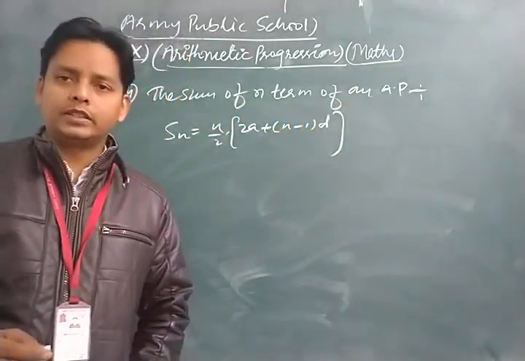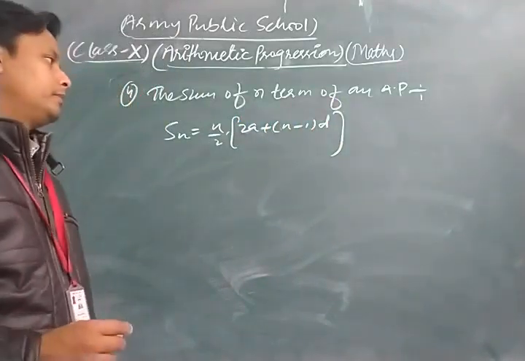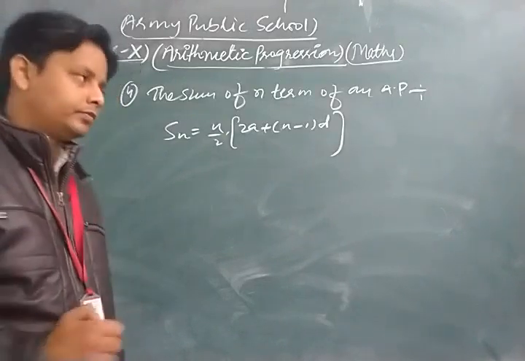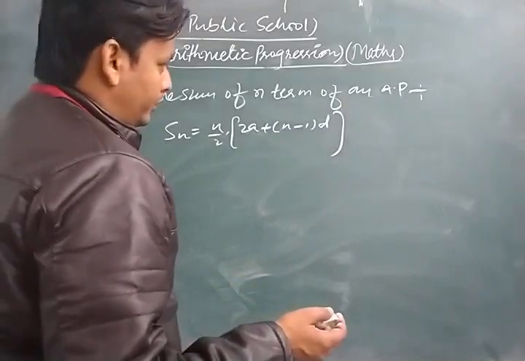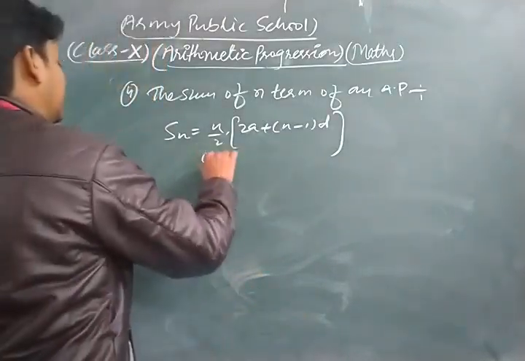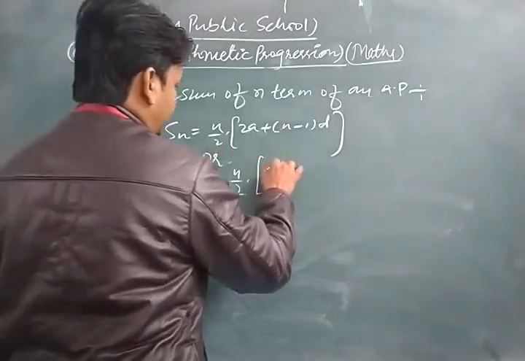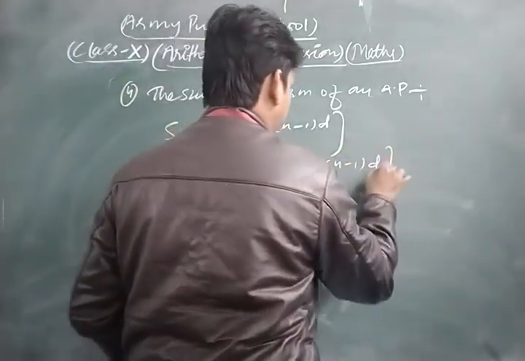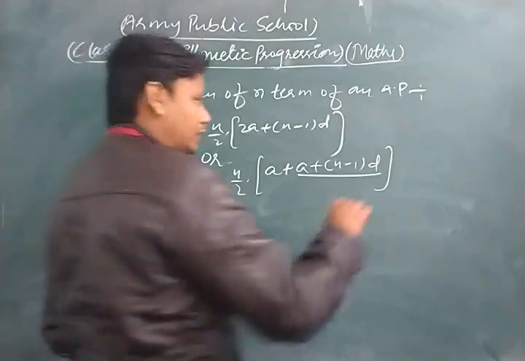This is the formula to find the sum of n terms of an AP, that is n by 2 in bracket 2a plus (n minus 1) into d. Here a is the first term, d is the common difference, and n is the number of terms. You know that very well. And we can write this formula in this way also: Sn is equal to n by 2, and 2a we can write as a plus a, and the nth term is also equal to the last term.